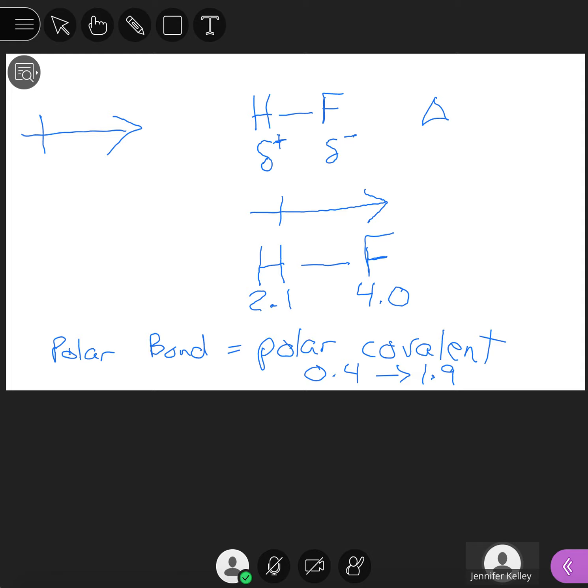Linus Pauling was the one that described electronegativity, or he explained why things can make covalent bonds by talking about electronegativity. Oh, okay, so things that are polar have a dipole.